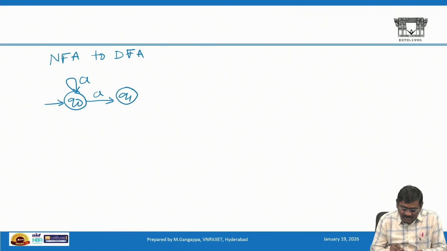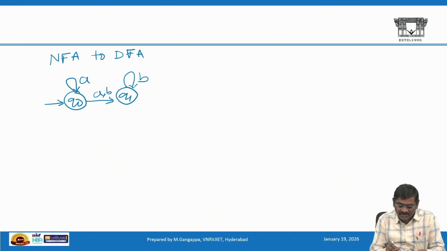Q1 on b goes to Q1. And Q0 on b goes to Q1. Suppose this is one NFA.